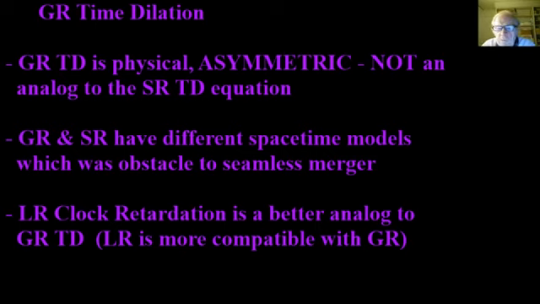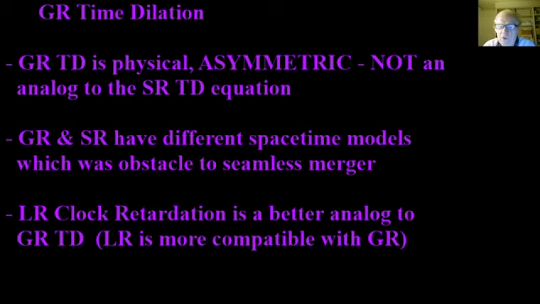All right, this is a little bit of an aside here. I'll make a couple of points. General relativity's time dilation is a physical effect, an asymmetric effect. When an object increases in its potential energy, its clock rate also increases. So it's not an analog to the special relativity time dilation equation.